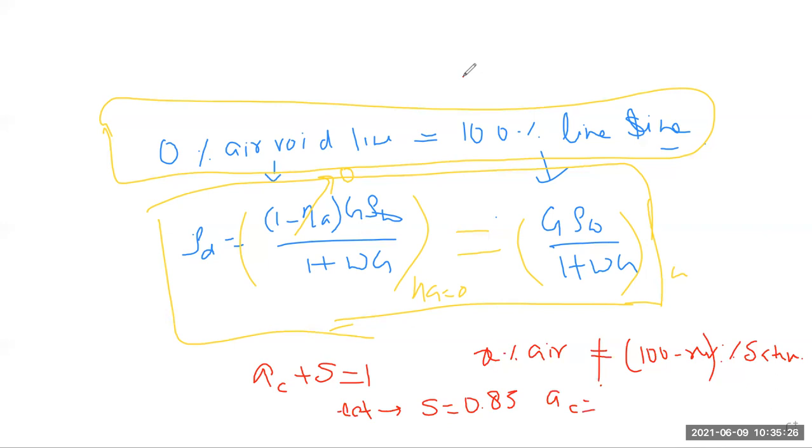Then air content AC equal to 1 minus 0.85 equal to 0.15, means 15%. So we can also use this formula for mathematical calculation, for mathematical relation, but simply we have to remember that at the 0 air void line, saturation is considered 100%.